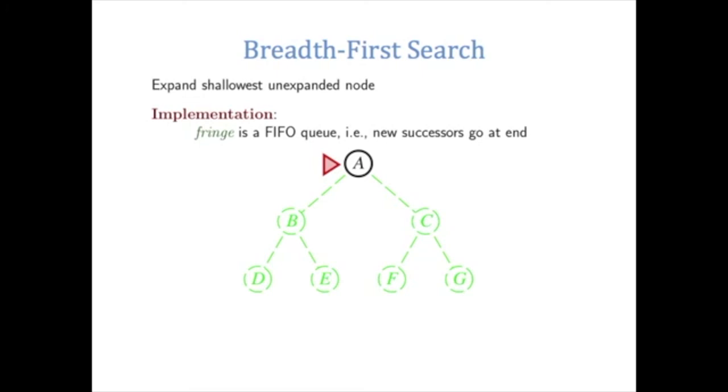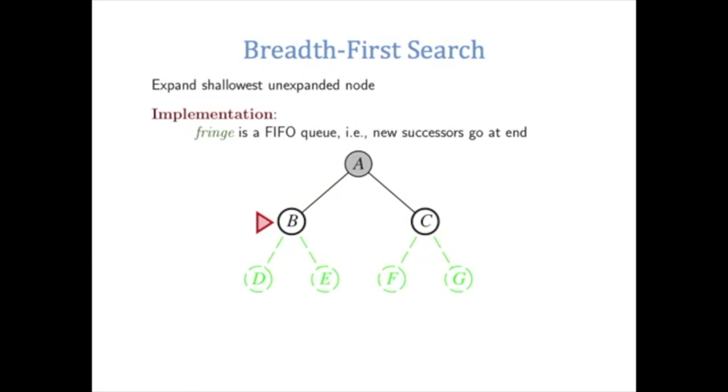So if I have a state space that consists of the tree you see here with the states A through G, and we're starting in A, then what we're going to do is expand A first.